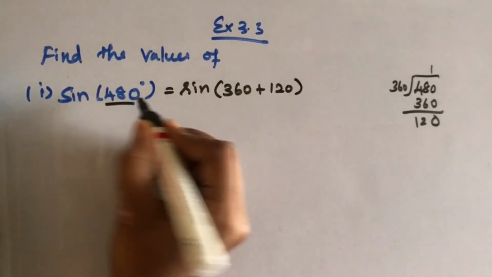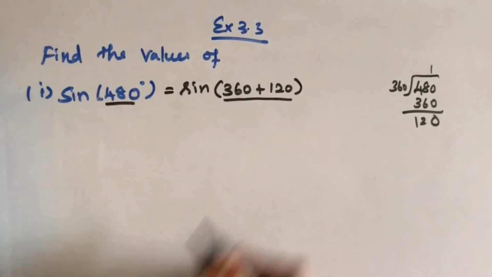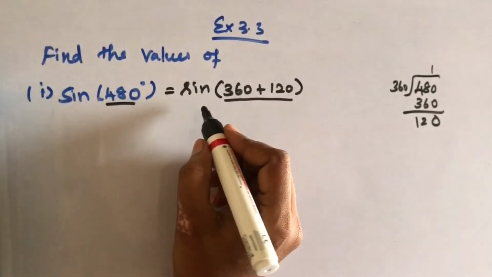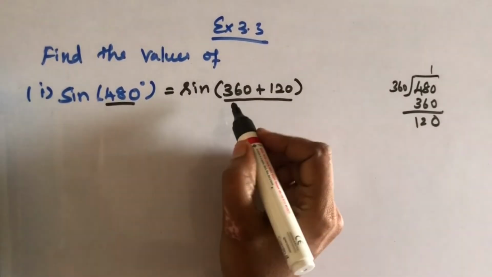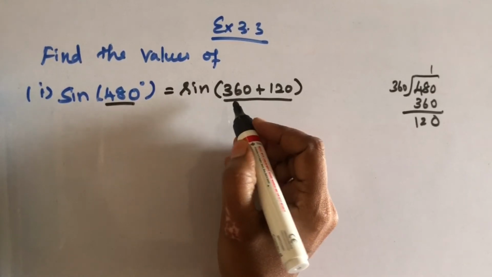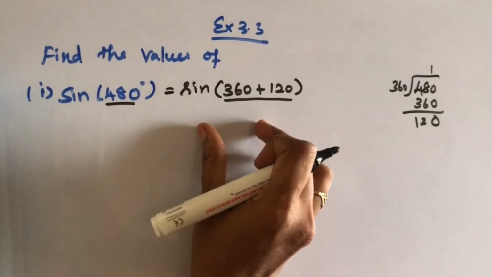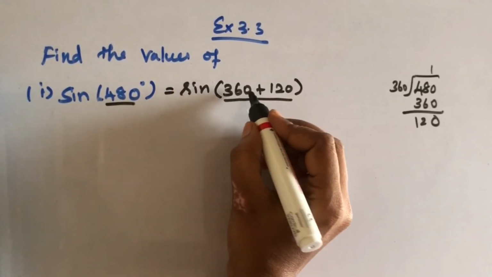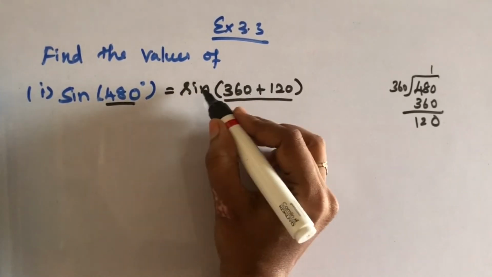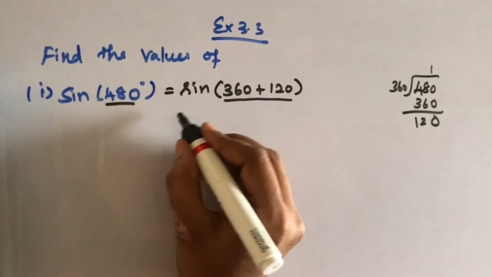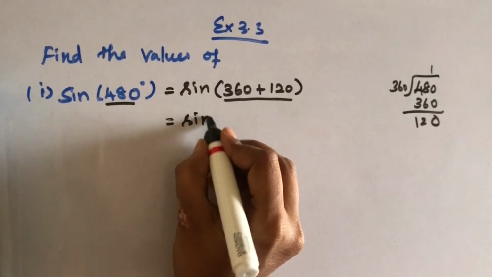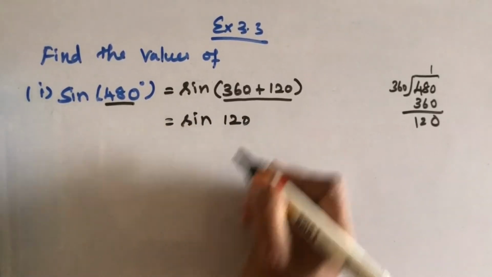I split 480 as 360 plus 120. Now, if it is pi or 2 pi, that is 180 or 360, there is no change in the trigonometric ratio. So, I can write it as sine 120.